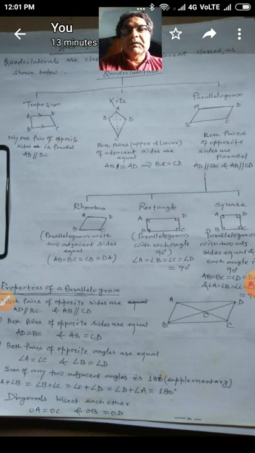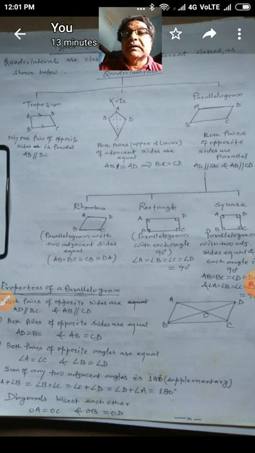This can be proved also just by drawing one diagonal of a quadrilateral. It will divide into two triangles, and now adding all three angles of each triangle, since there are now two triangles, the sum will be 180 plus 180, that is 360.